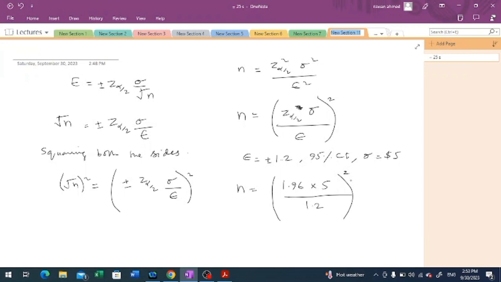So 1.96 times 5 divided by 1.2 is 8.167, and squared, 8.167 squared is 66.69.